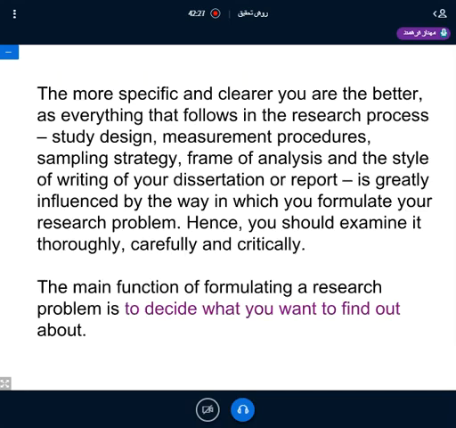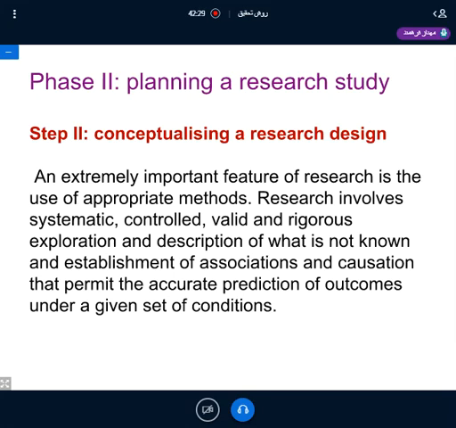Now we are going to study phase 2. Step 2, conceptualizing a research design. An extremely important feature of research is the use of appropriate methods. So that is very important, as I told you, using the appropriate methods, tools, and instruments.